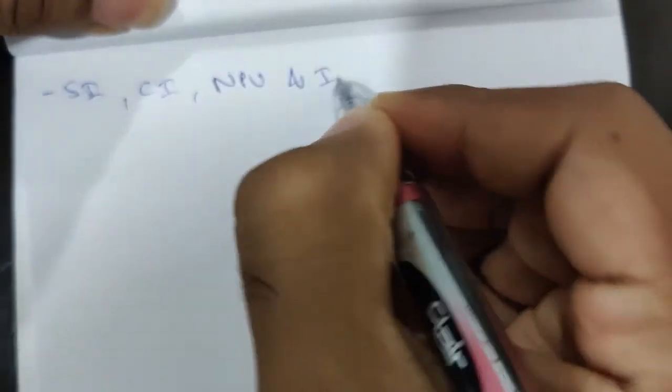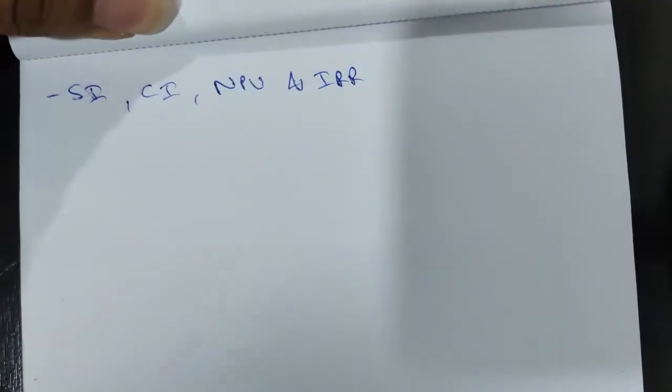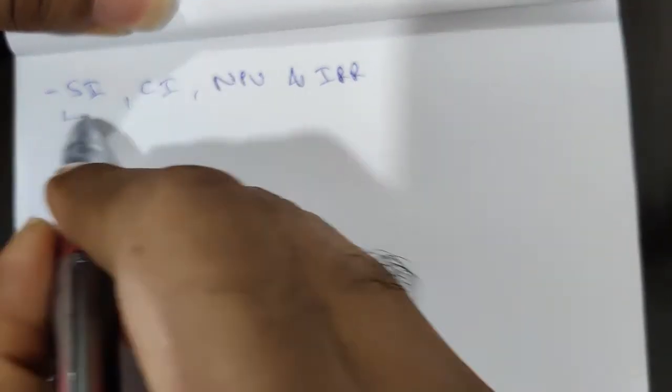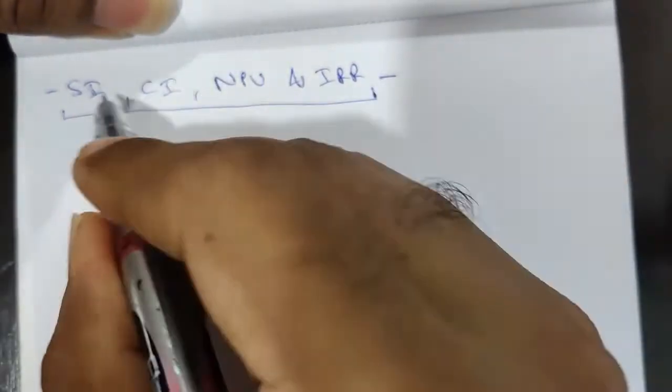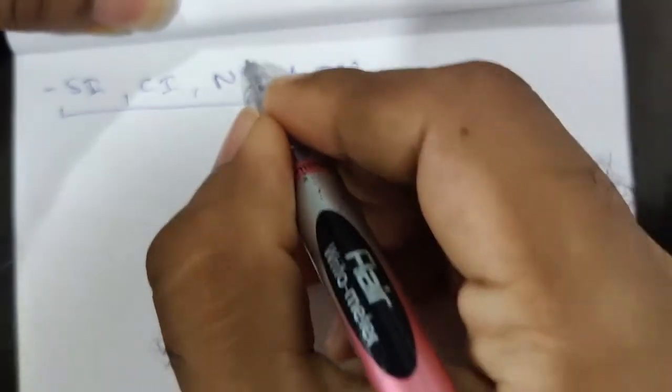So with this, let's start our first class, and that will be on time value of money, in which we will cover simple interest, compound interest, NPV, and IRR. Well, all these at the same time might seem odd, why are we covering different topics at the same time?